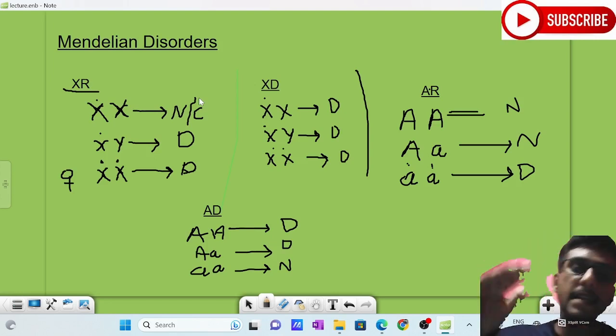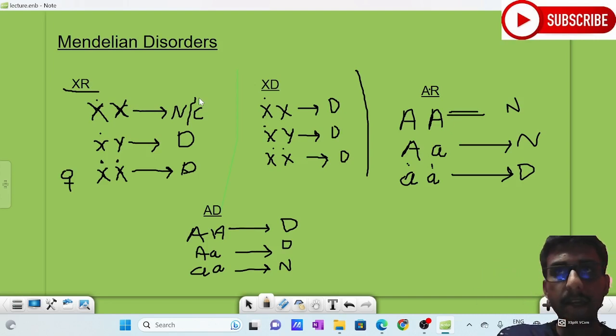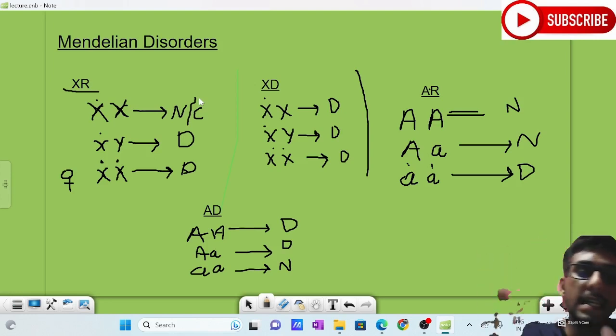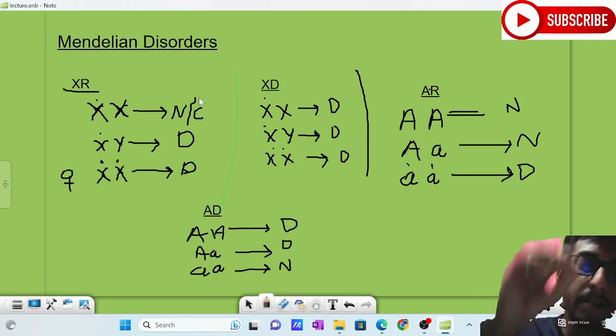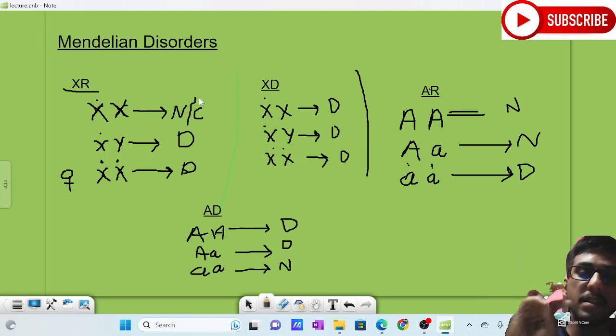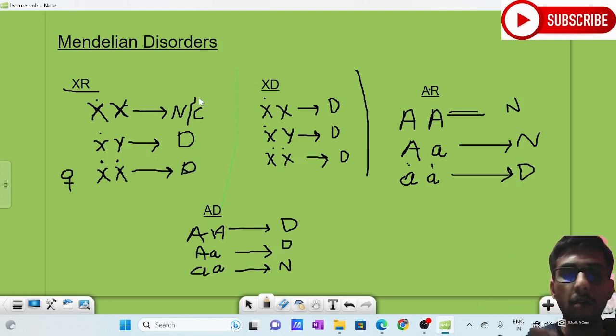In case of autosomal dominant disease, some of the diseases are Marfan syndrome, achondroplasia, Huntington disease, polydactyly, brachydactyly, nail patella syndrome. Okay, these are the diseases which are mentioned. Actually, this is not mentioned in your textbook. I'm just saying for your information.